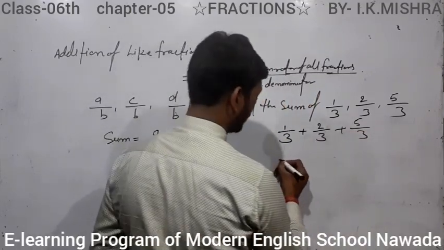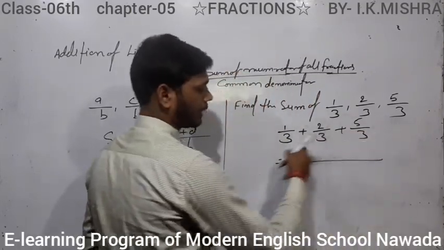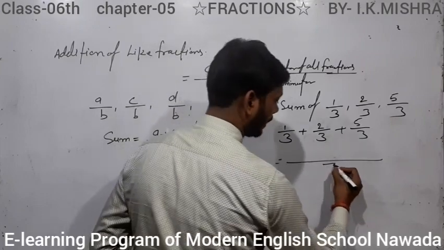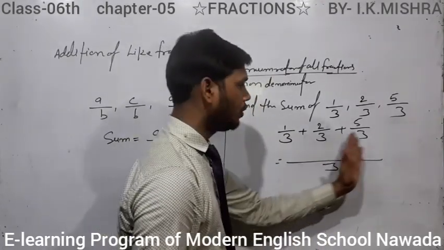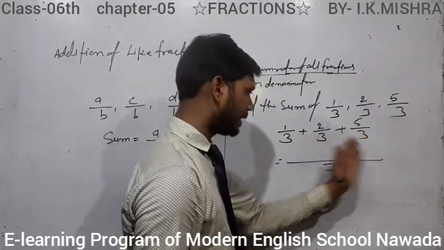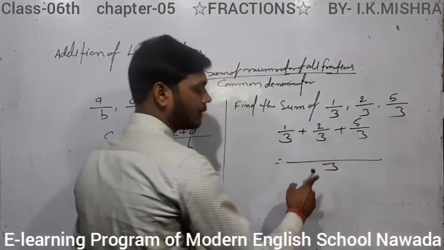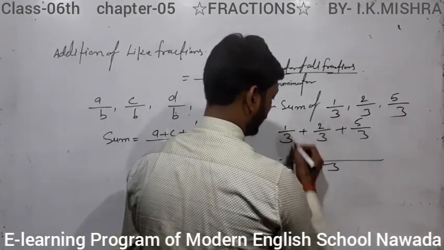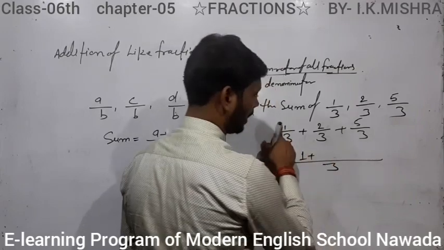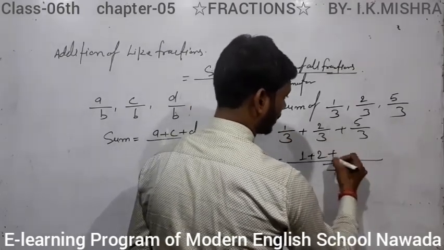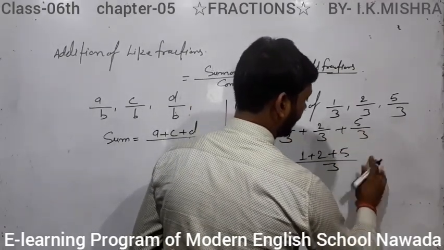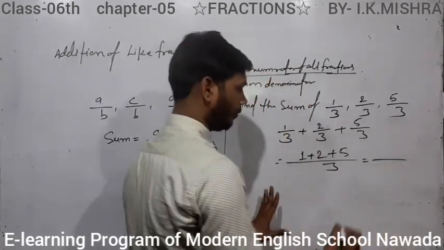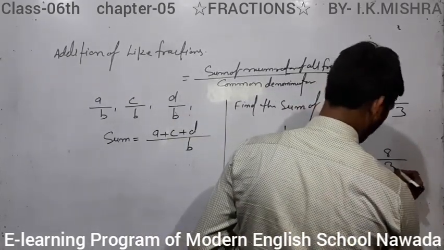The denominator stays 3, the like denominator, and above we add 1 plus 2 plus 5, which is equal to 8 upon 3.